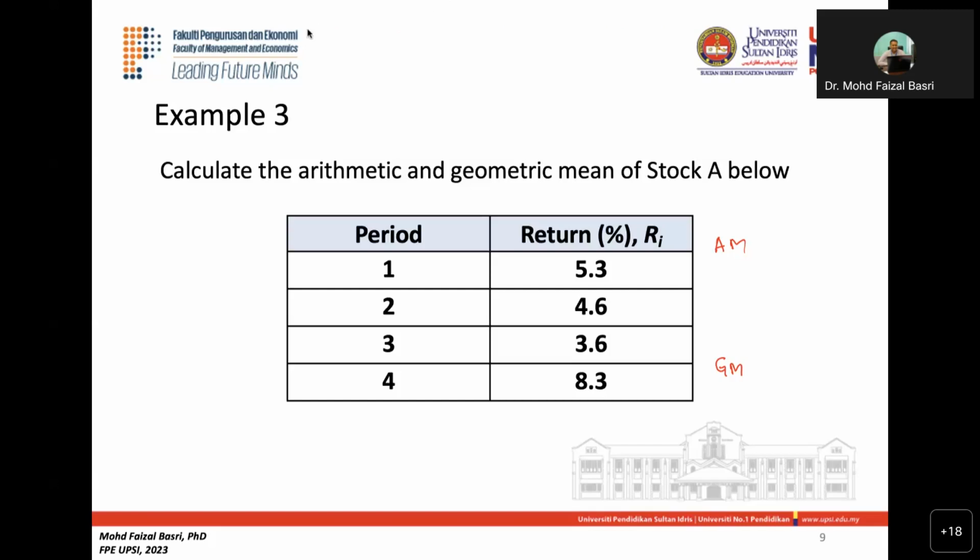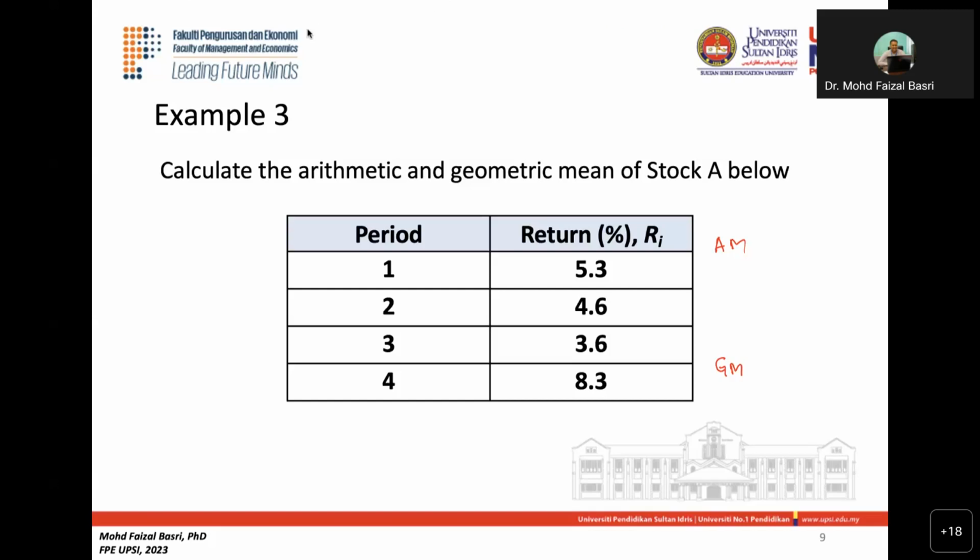Okay, so Laka here said it's 5.45 for arithmetic mean. Okay, correct. For arithmetic mean, it's 5.45.